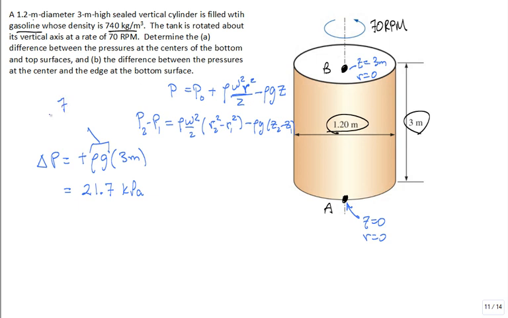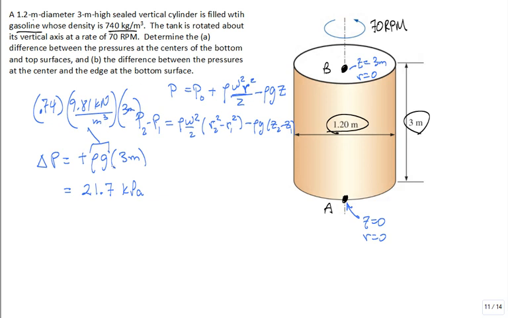You could do it this way: you could put the specific gravity of 0.74 times 9.81 kilonewtons per meter cubed times the 3 meters, and away you go. There's a couple of ways. But if people do it correctly, do you get 21.7 kilopascal?